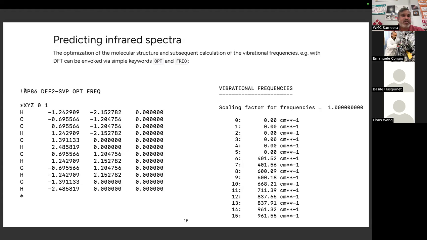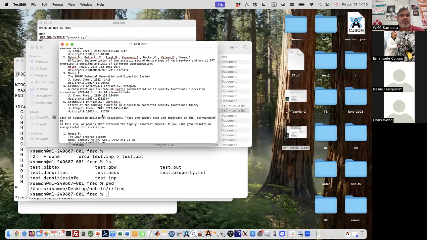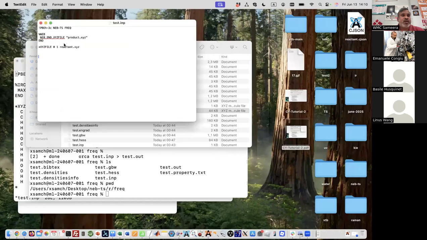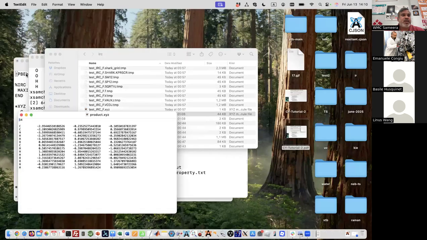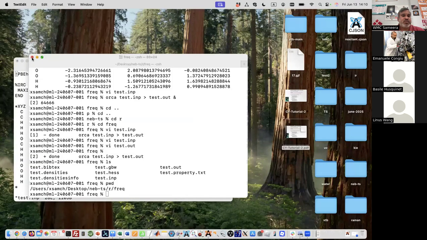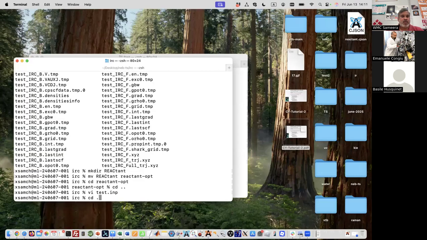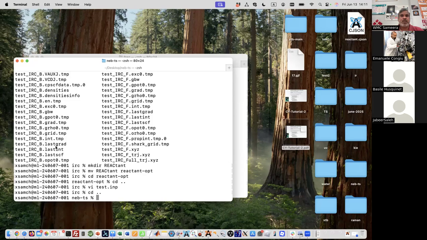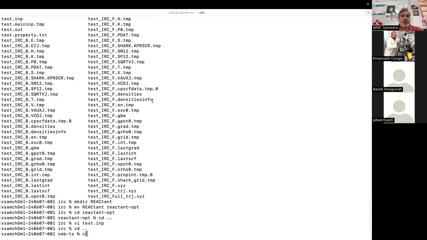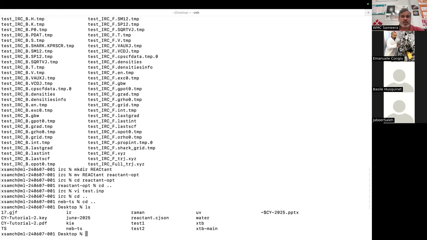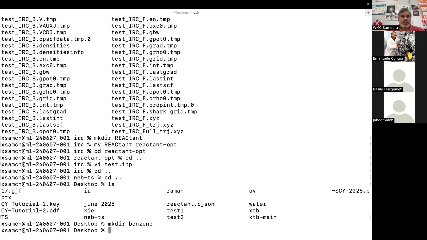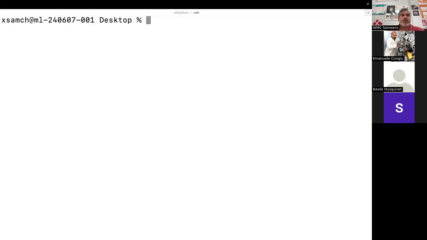So we can simply run this calculation. Let me try to run it together with you. You can also start the computations with me. Right.